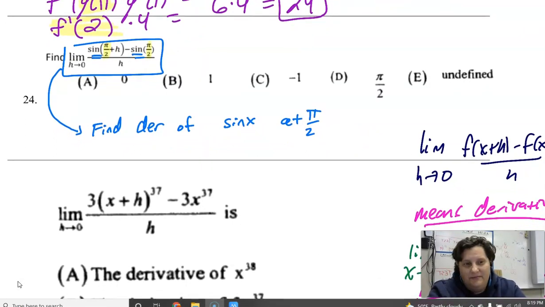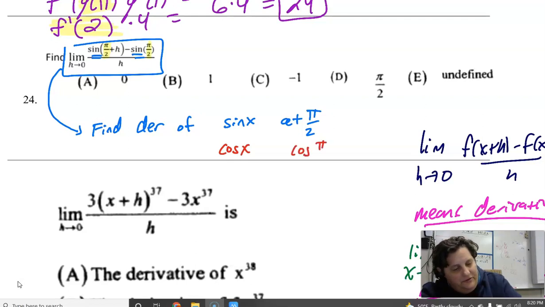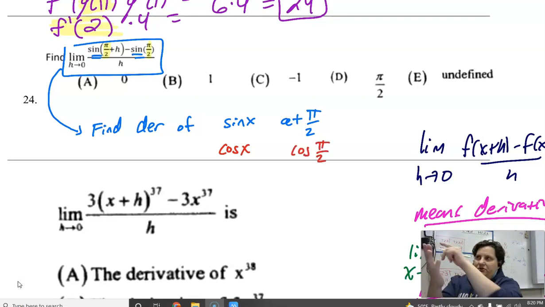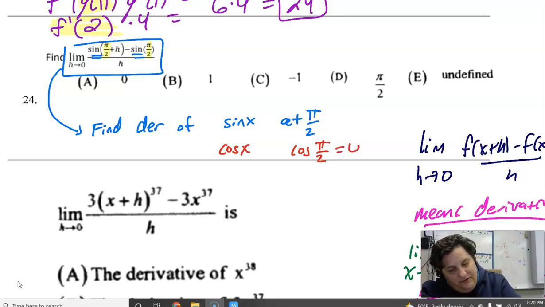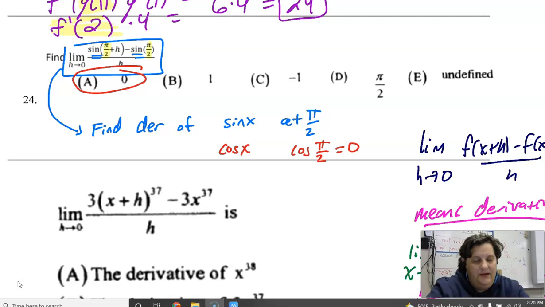It's a derivative problem. It's just using the definition of the derivative. So find the derivative of sine at pi over 2. That's your task, right? Well, the derivative of sine is cosine, and at pi over 2, pull out your best friend chart, cosine pi over 2 is 0. So that equals 0. Okay? It's not really a limits question, it's a derivative question. All right? These show up on the AP test.